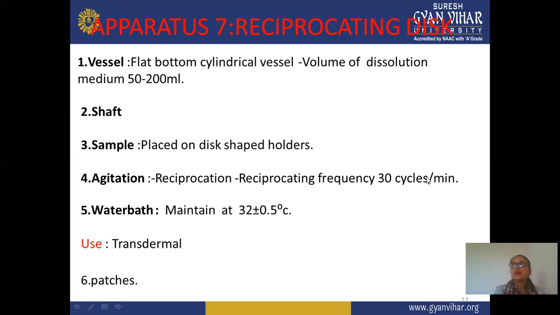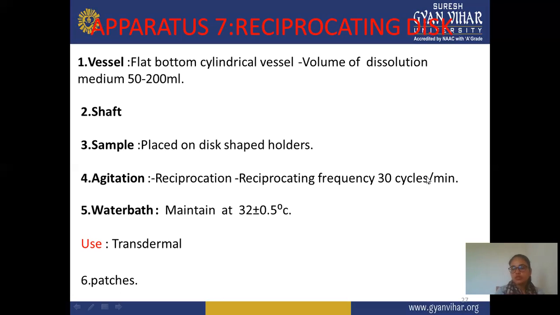Means you can see that out of the 7 apparatus, from 1 to 7, some apparatus require 37 degrees Celsius temperature, some require 32 degrees Celsius. First to 4, or apparatus 1, 2, 3, 4, require 37 degrees Celsius according to body conditions, but the last 3 apparatus, 5, 6, and 7, require 32 degrees Celsius temperature, because in these we mainly use transdermal formulations or patch-type formulations.